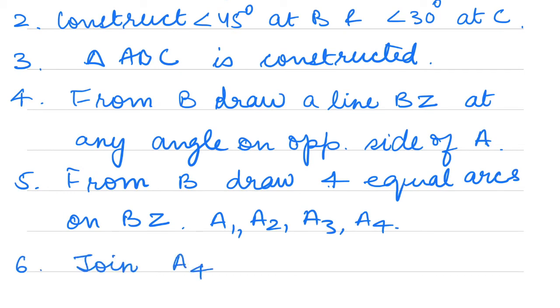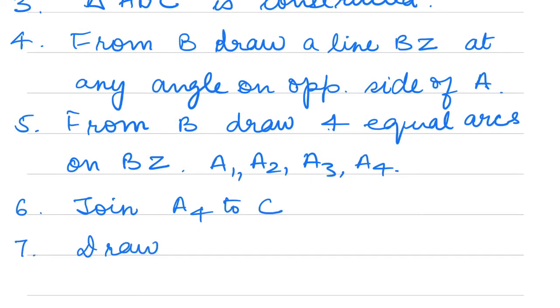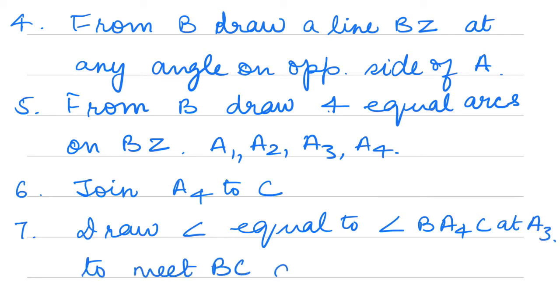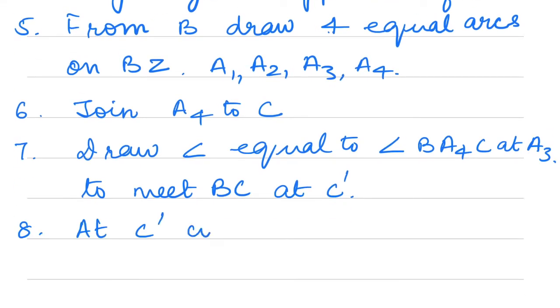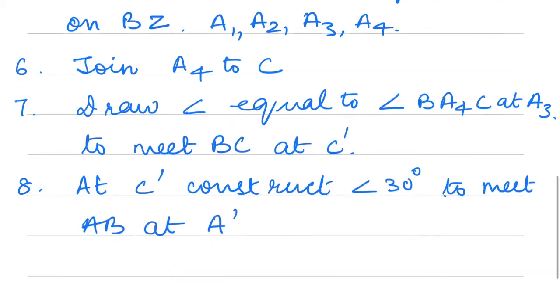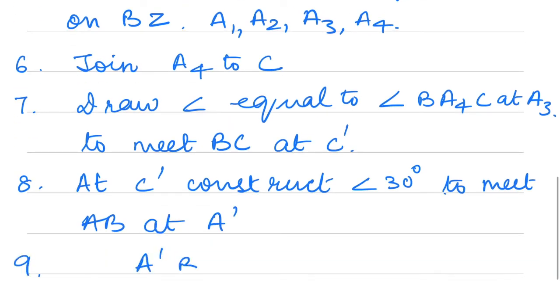Join A4 to C. Draw angle equal to angle B A4C at A3 to meet BC at C dash. At C dash, construct angle 30 degree to meet AB at A dash. A dash B C dash is the required triangle.